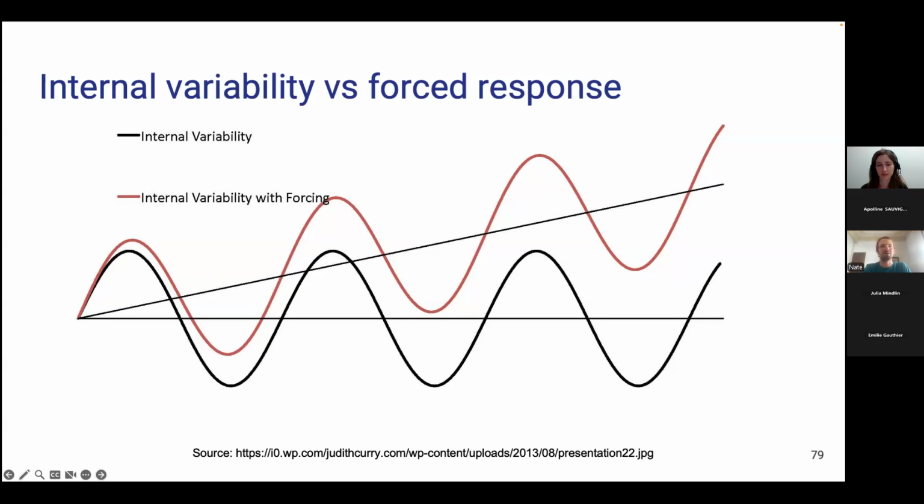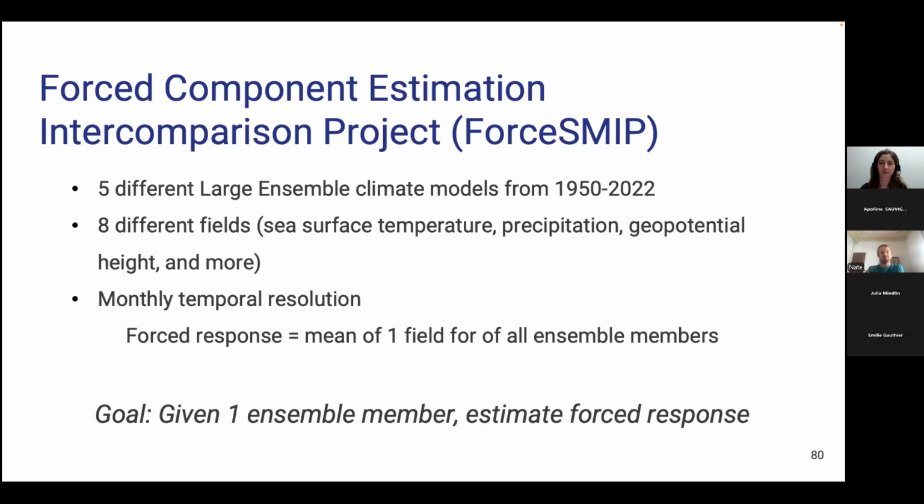The dumbest way to think about this, I stole this from the internet, is the red curve might be like 1 pixel value, which slowly increases over time and has some oscillation. The internal variability would be this oscillation, and the forcing would be this linear slow increase over time. Super simple.